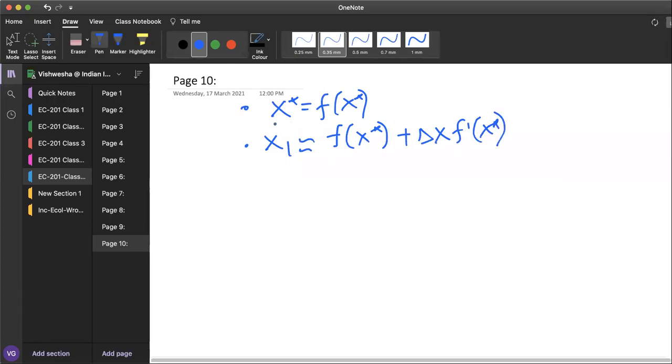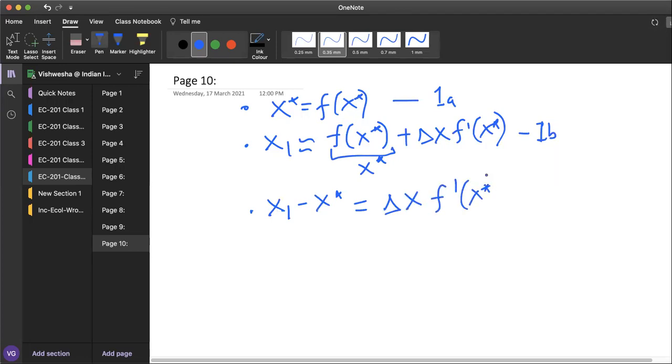Now let us use equation 1a in 1b. Therefore, I'm going to replace this by just x star. Okay. So then what do we have? x1 is approximately equal to x star plus delta x times this. Okay. And then let me now take x star to the left hand side. So what we have is x1 minus x star is equal to delta x times this. Okay. So what is this?